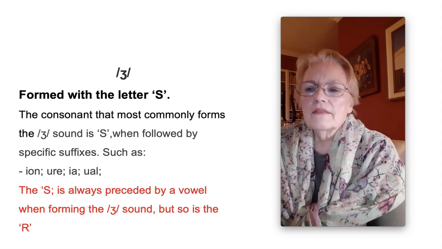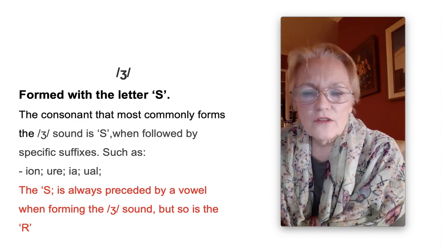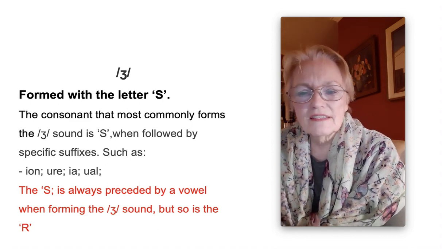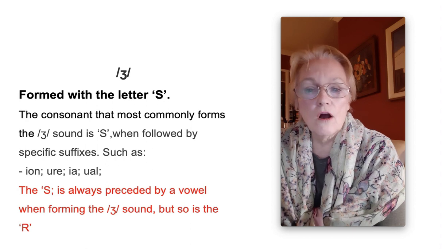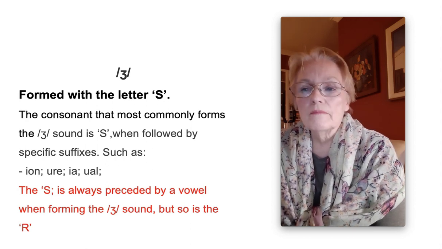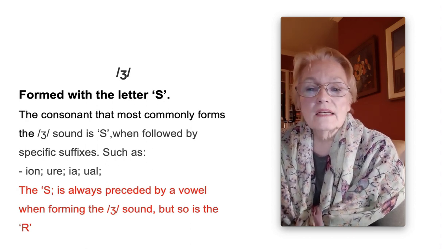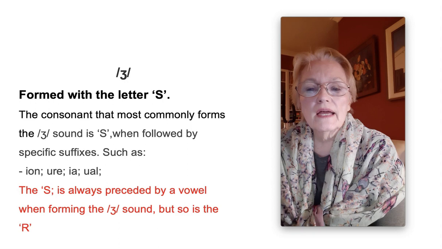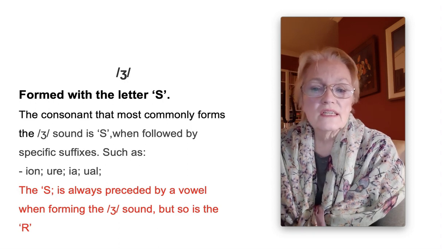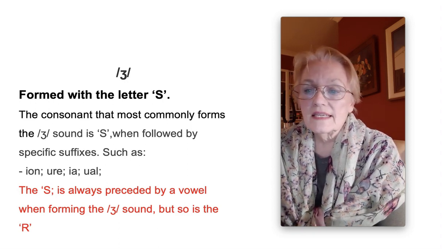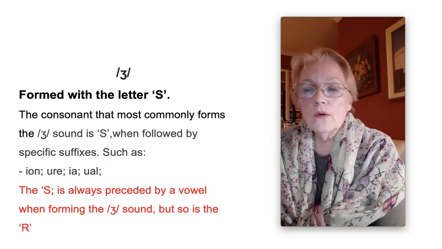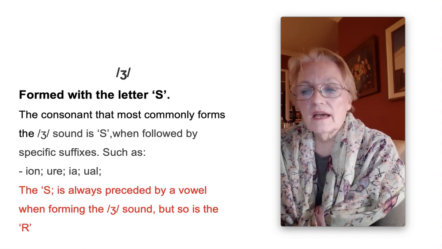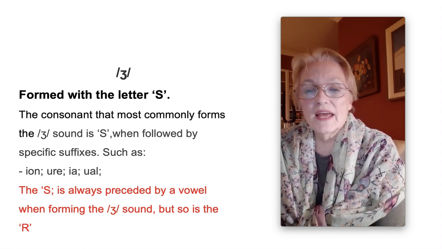Okay. The consonant. Not the vowels, the consonant that most commonly, that means most often, forms the j sound is the S, when followed by certain suffixes. And these are they: I-O-N, U-R-E, I-A, and U-A-L.